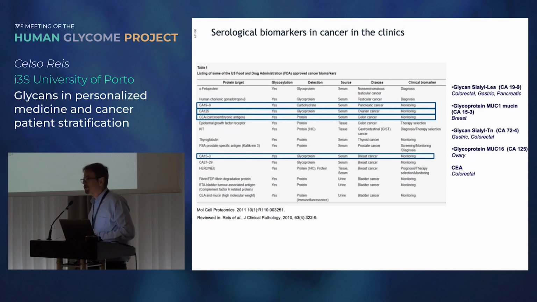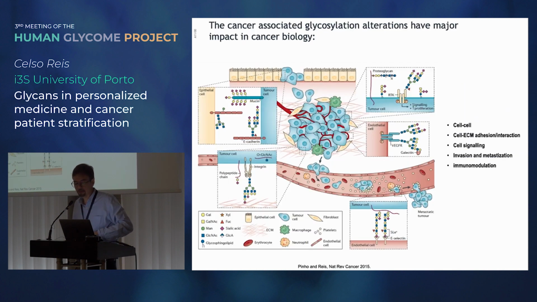But this does not function only as markers, as biomarkers. Glycans are important because they play key functional roles in the tumor context. For example, different alterations in proteins involving adhesion molecules like E-cadherin and integrins affect the mechanism of invasion of the tumor cell.